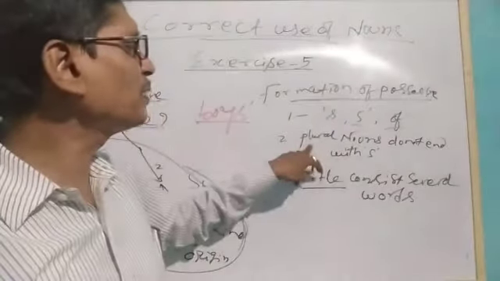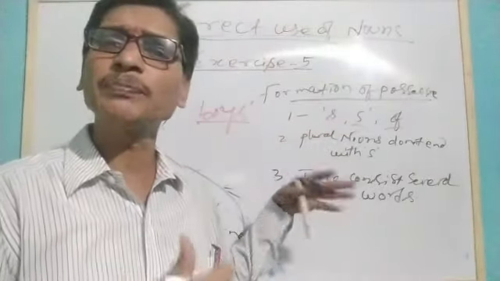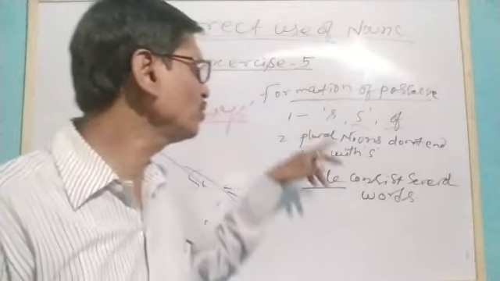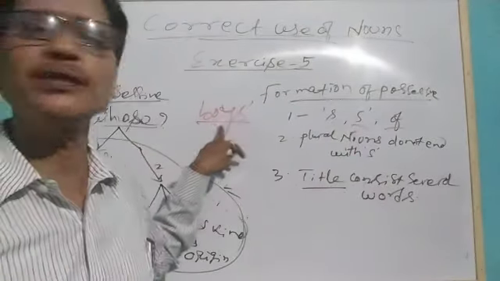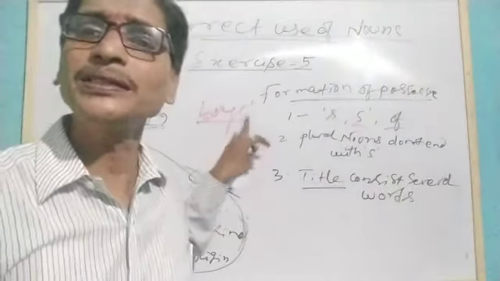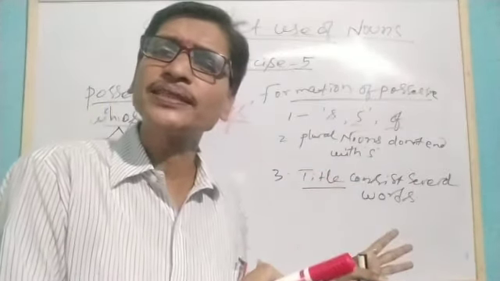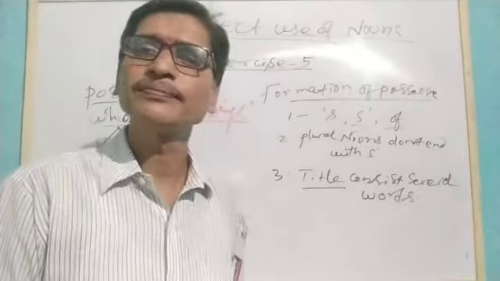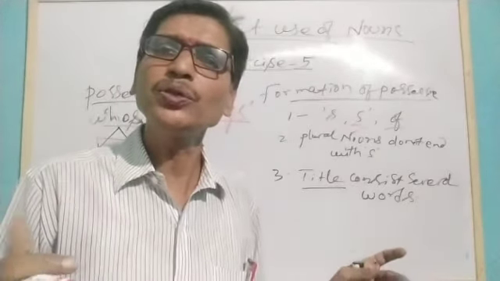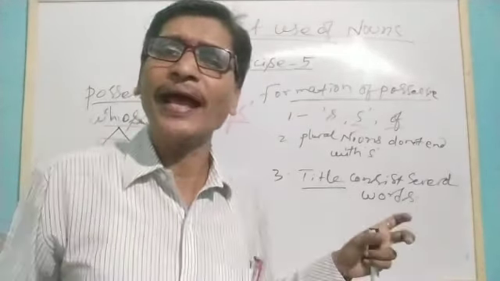Similarly, to form the possessive case of some plural subjects: boys is a plural subject that ends with s. But some plural subjects do not end with s, like children, people, men, women.